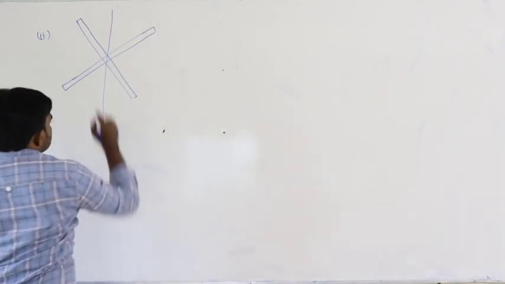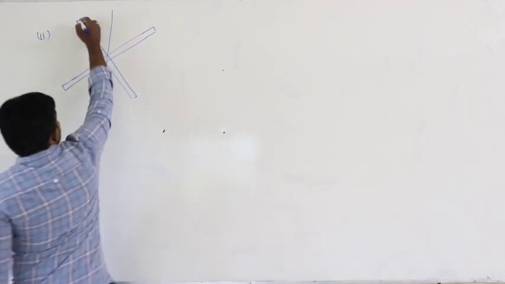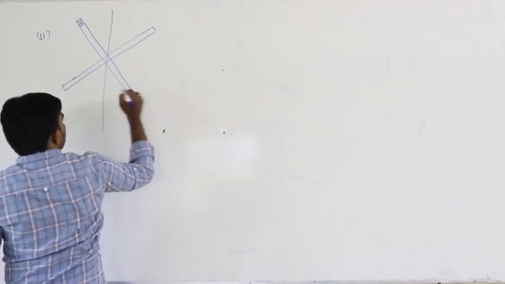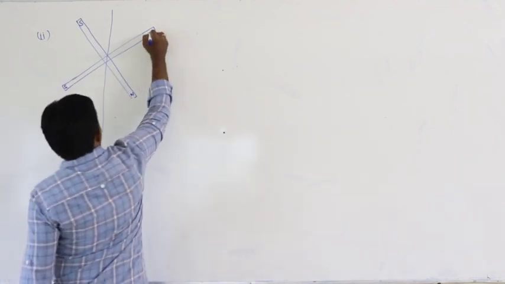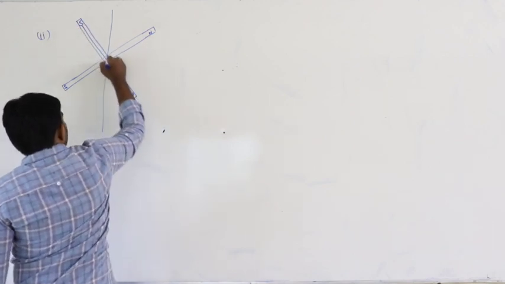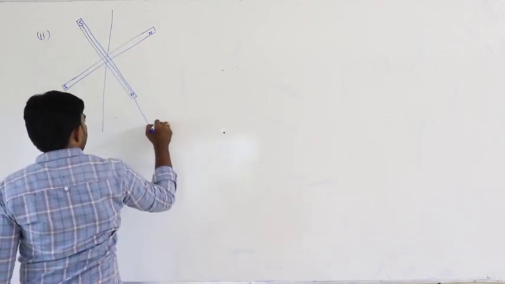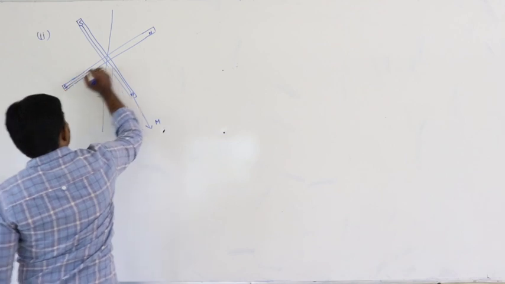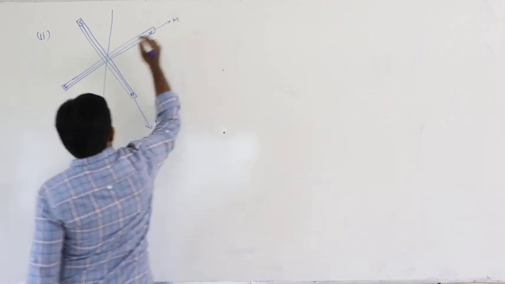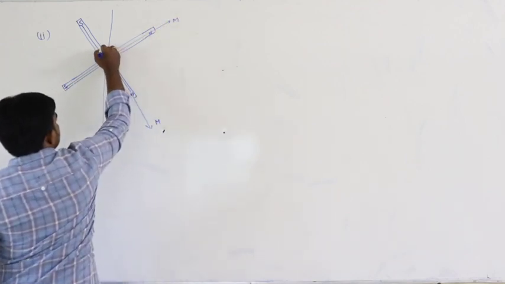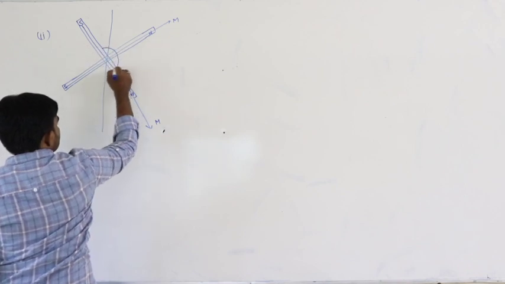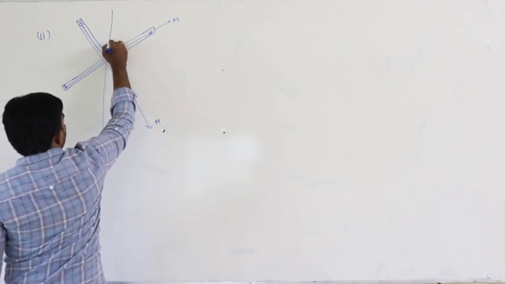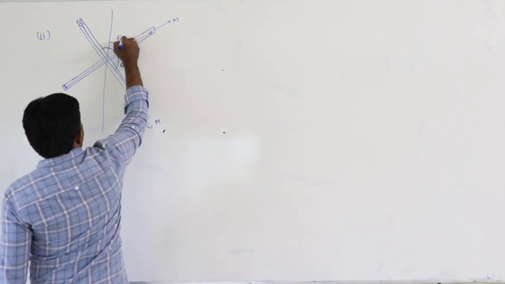Let us say it is south north and it is south north, and this magnetic moment is M and this magnetic moment is M. Based on this, let us say it makes an angle theta 1 here and an angle theta 2.